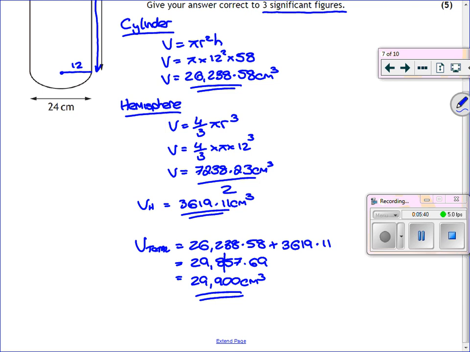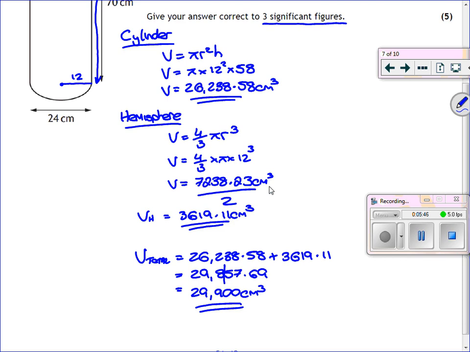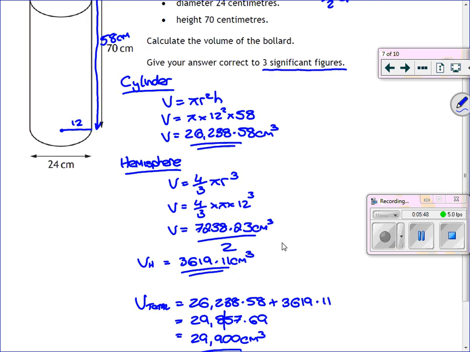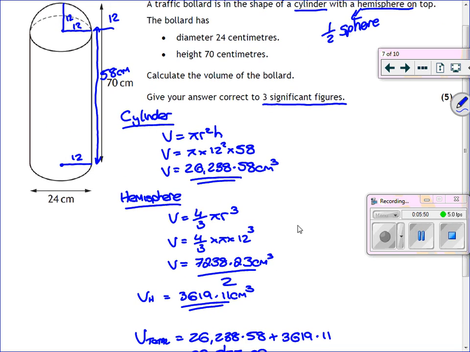So, like I've said previously, volume questions are where they really want you to make sure you give the correct rounding and correct units. They're usually worth 5 marks. The first mark is for finding the correct volume of the cylinder. The second mark is for finding the correct volume of the hemisphere.